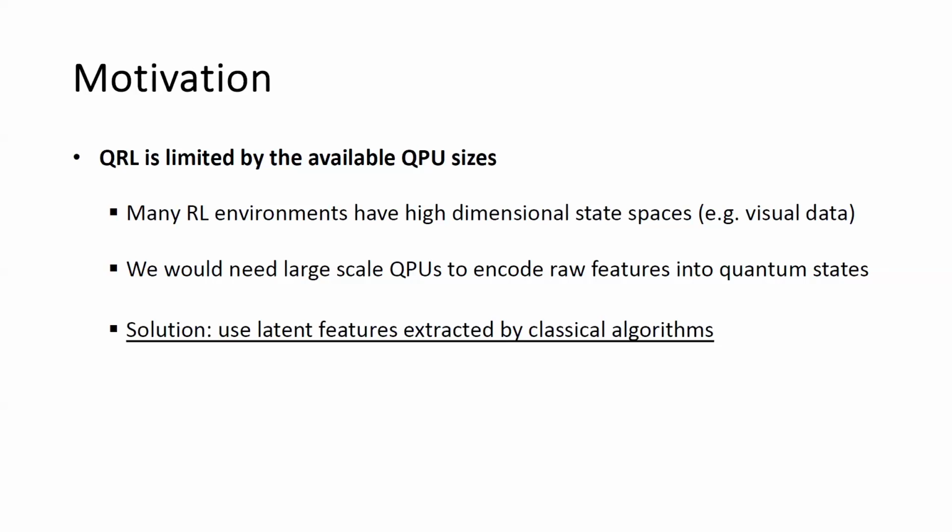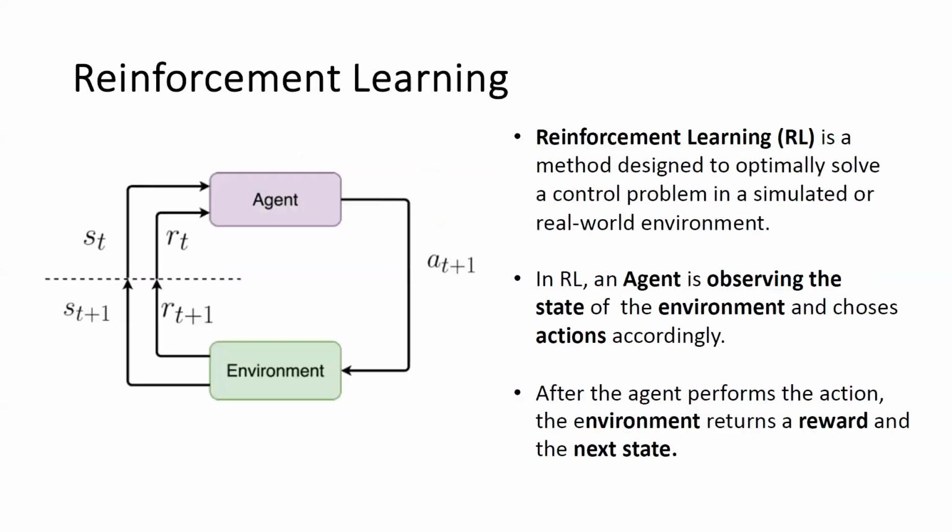And we would need very large scale quantum computers if we wanted to encode all the features into a quantum state. So a pretty straightforward solution is to extract some of the features using some kind of classical feature extraction method and use the latent features for quantum reinforcement learning.